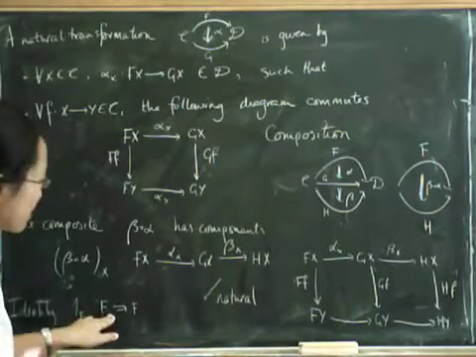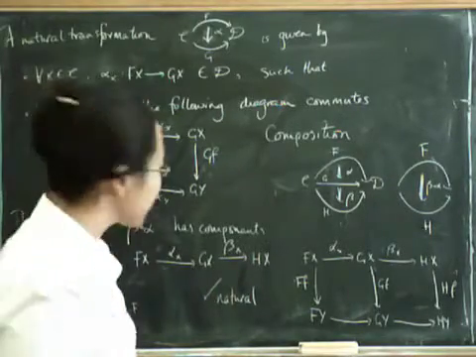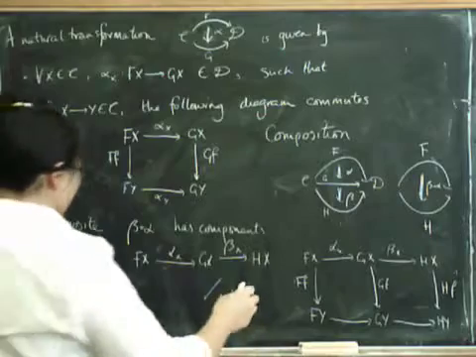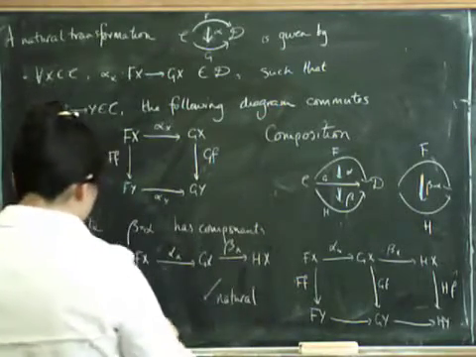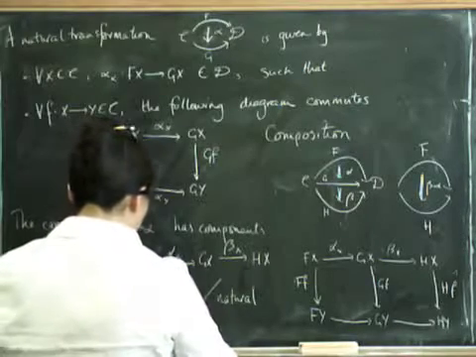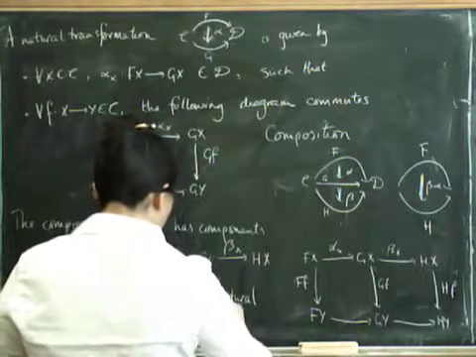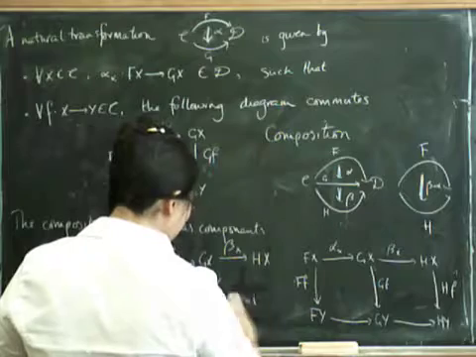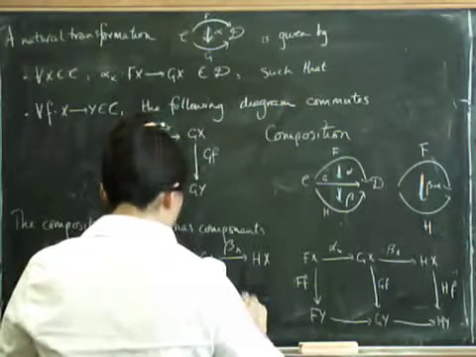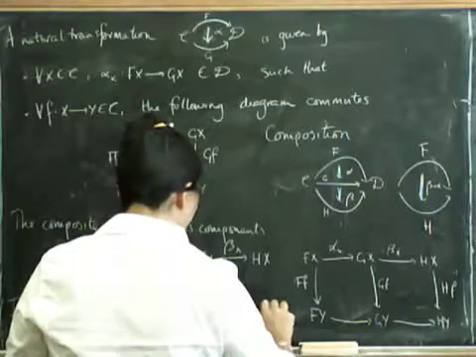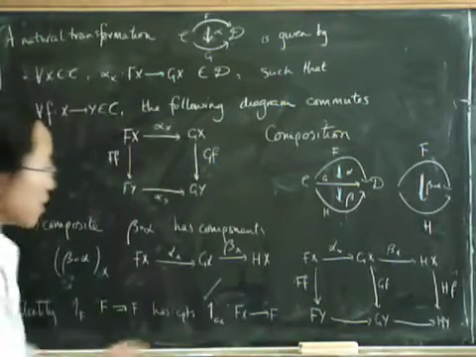It's going to have components that have to go from f of x to f of x. So, of course, the components are going to be the identity in the category D. So the identity has components, the identity on f of x, which goes from f of x to f of x.